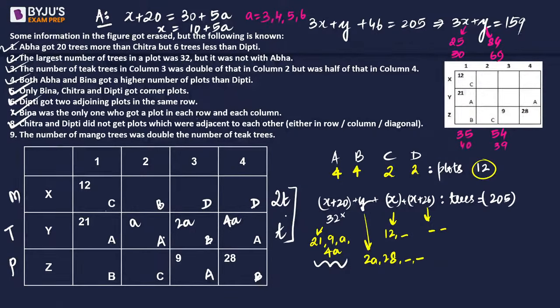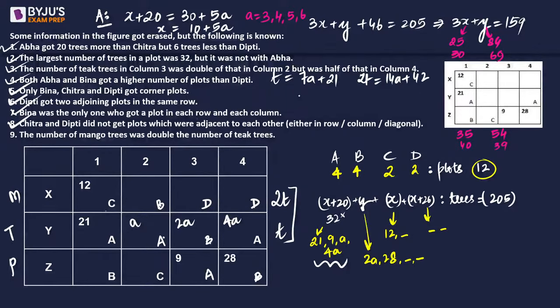So what is 2t going to be? 2t is going to be double of that, right? 2t plus t plus this value should be equal to 205. We will have this too. So we have t equal to 4 plus 2 plus 1, that is 7a plus 21. So 2t will be 14a plus 42, right?